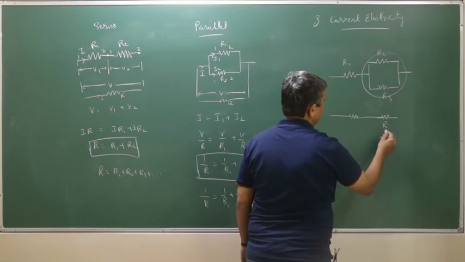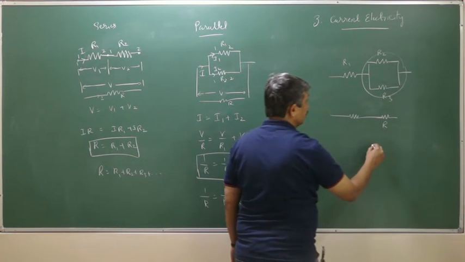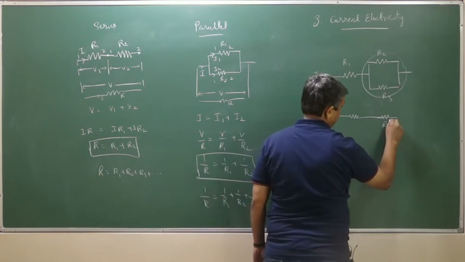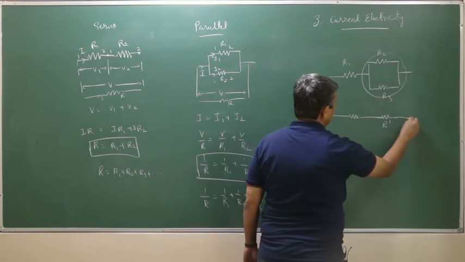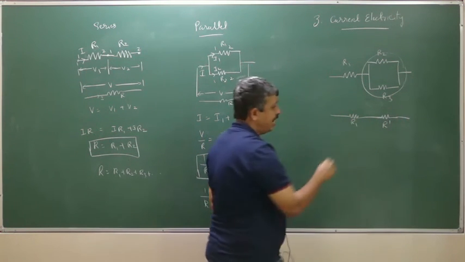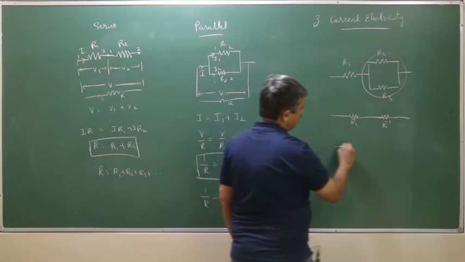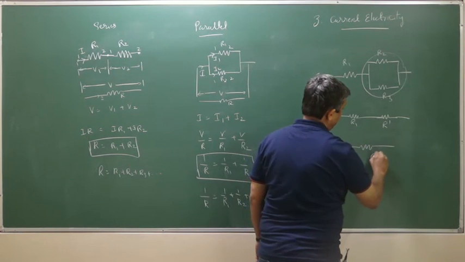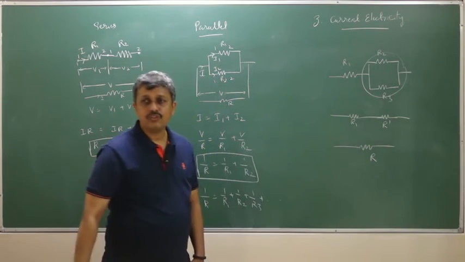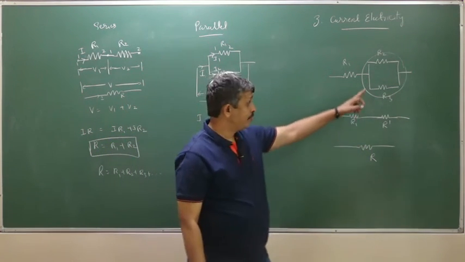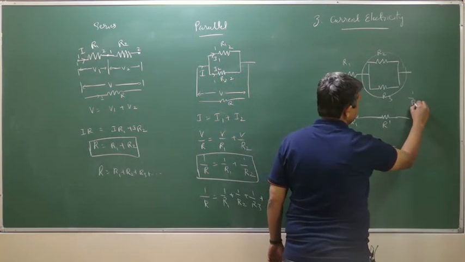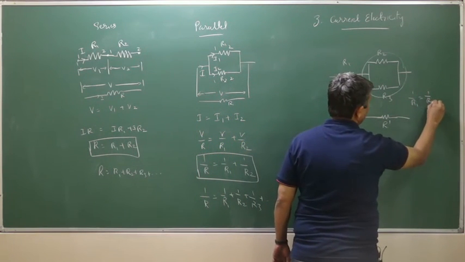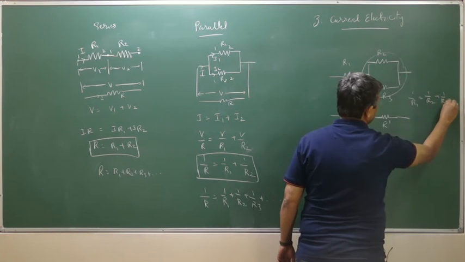R dash, okay, R dash, and now these two, R1 and R dash, can again be replaced by a single resistance R. We know how to go from parallel resistances to this one. We can use the formula 1 by R dash is equal to 1 by R2 plus 1 by R3.